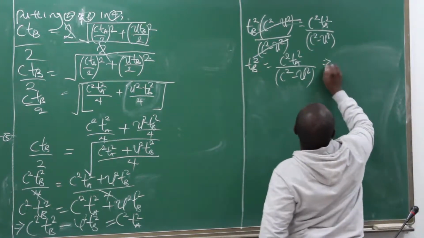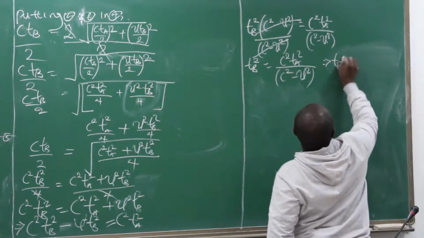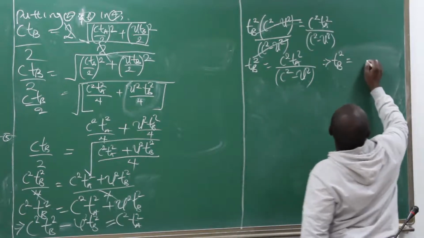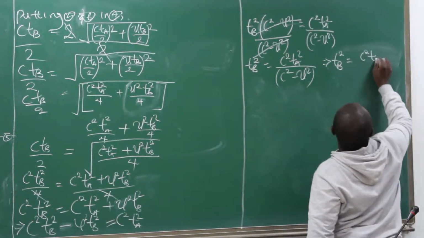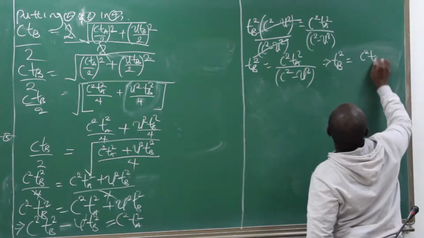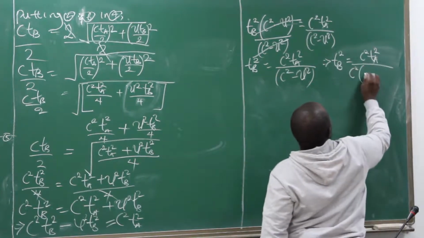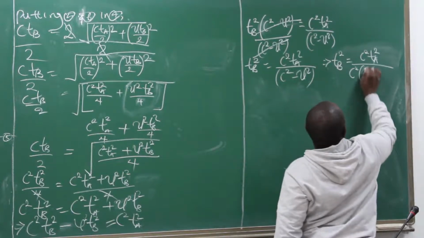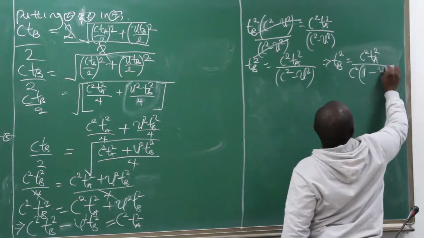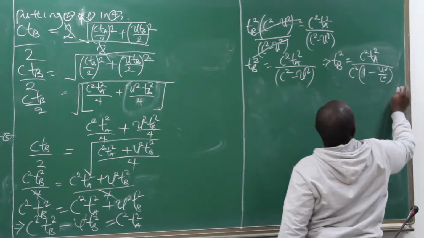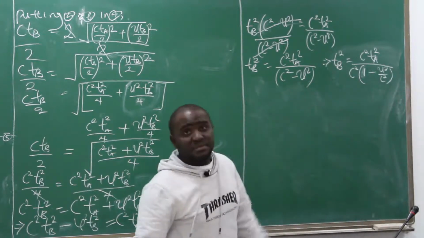so here we have tb squared is equal to c squared ta squared all over c squared, bracket 1 minus u squared all over c squared, something like this.